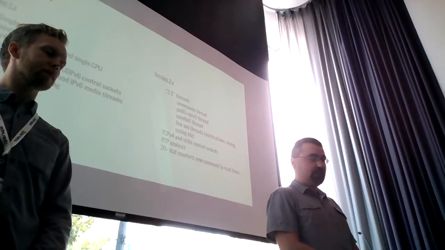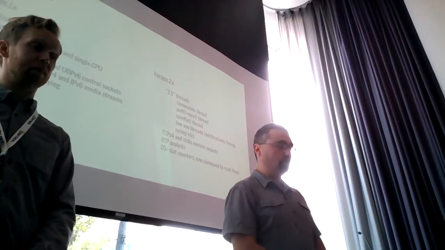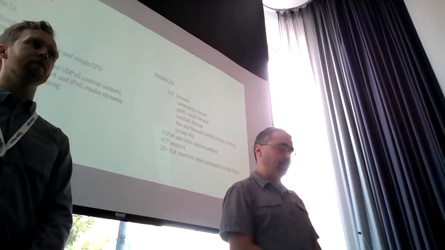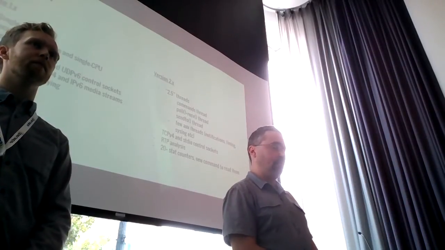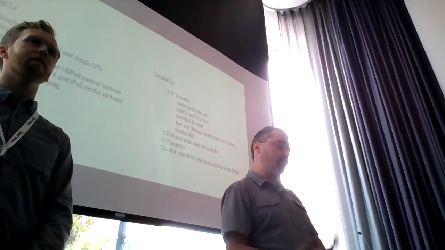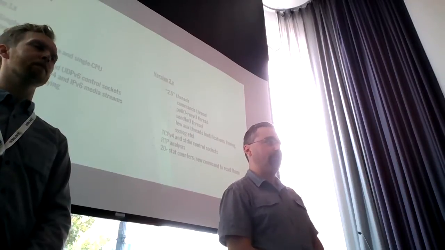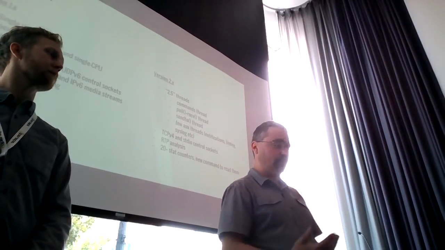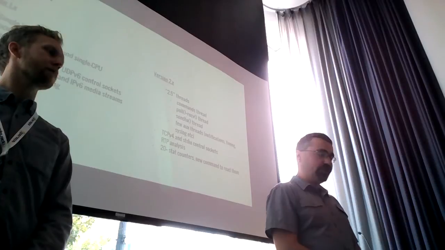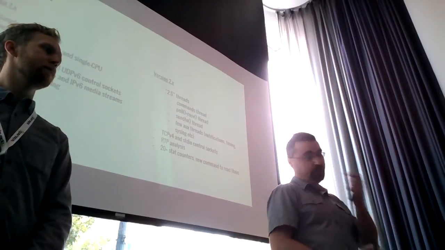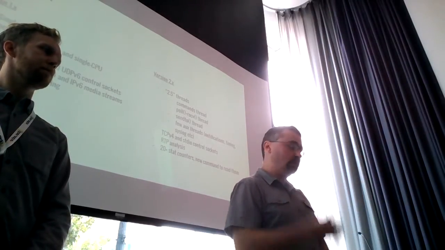Then we added some new features into version 2, which include, for example, the ability to analyze RTP packets, RTP flows on the fly, so you can have usable statistics out of an RTP proxy node, not just forwarding packets, which becomes pretty important as we scale it up.